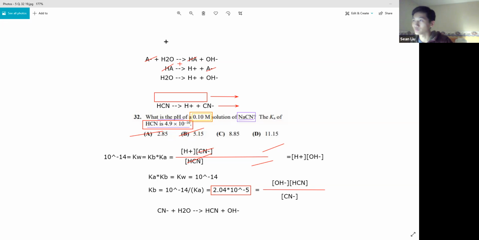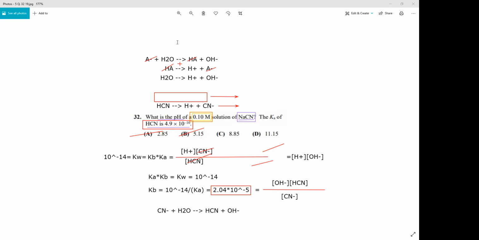What does that tell us? Which of these three chemicals down here is 0.10 molar? CN minus. CN minus, yeah.